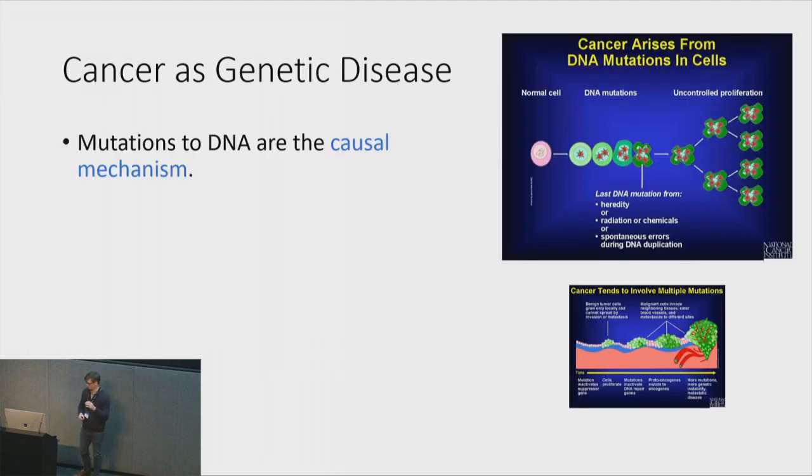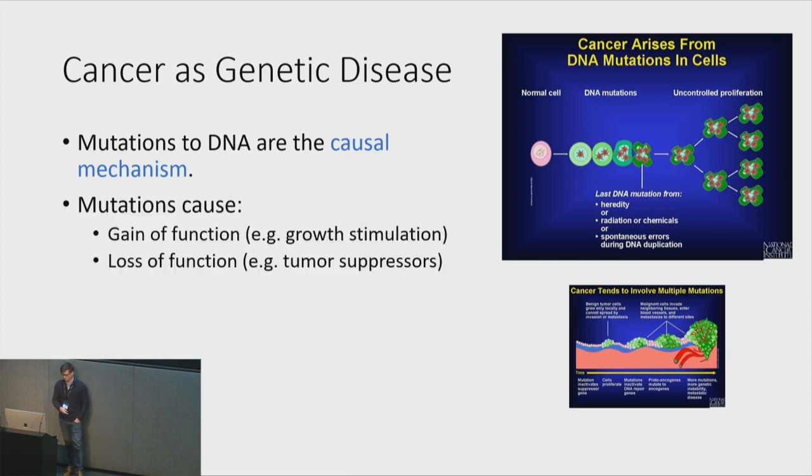Just some overview of the data now. Cancer can be understood as a genetic disease, and the mutations are the causal mechanism. So here you have an example of a normal cell. It gains some mutation, and that will give it some kind of evolutionary advantage within the body, and then that cell will proliferate.